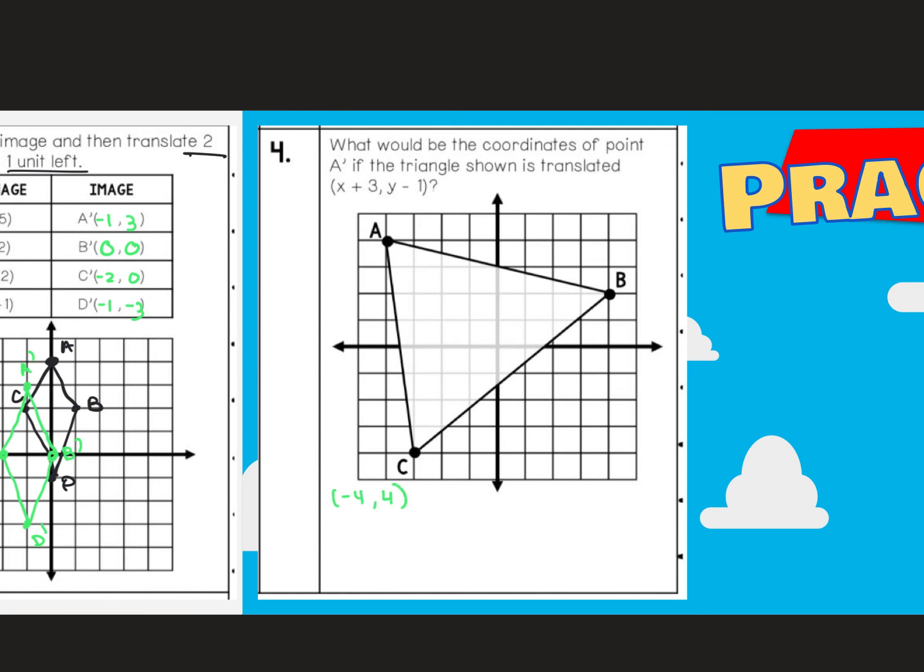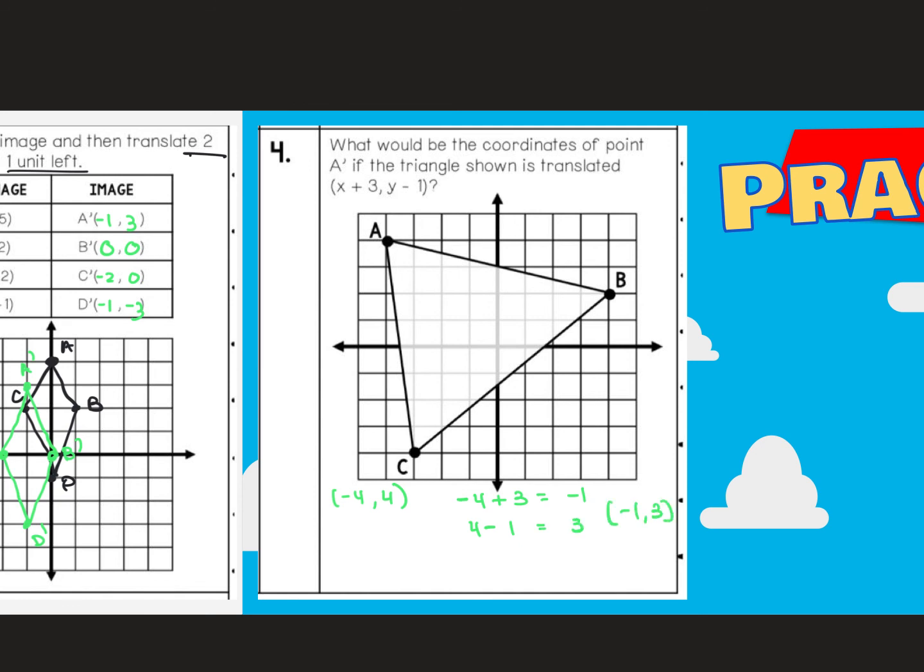So my x term, I'm going to translate it 3 units to the right. So we have -4 plus 3, and then we have 1 unit down, so 4 minus 1, which gives us the new coordinate point of -1, 3.